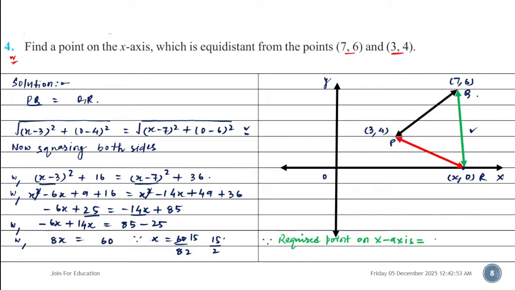The value of x is 15 by 2, so the point is (15/2, 0). This will be the answer. There should be no problem understanding the solution and explanation of this question.